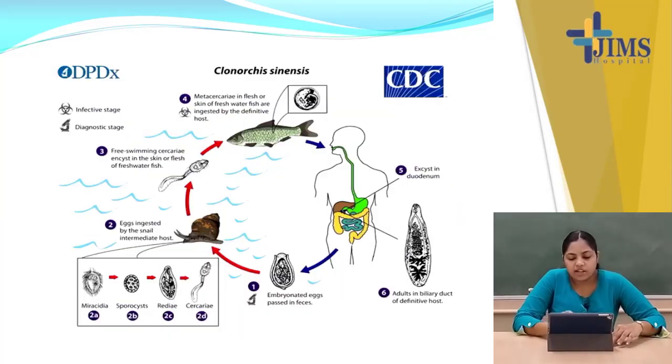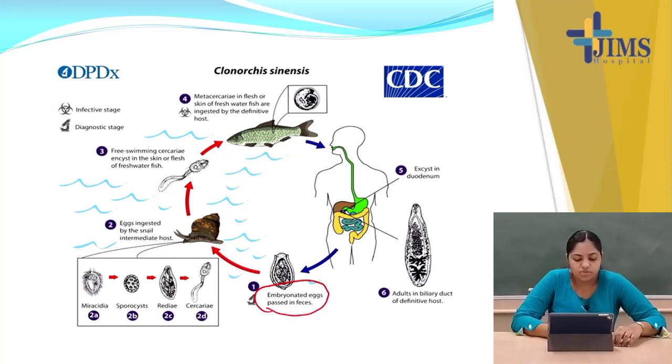So coming to the life cycle, you can see in the picture the embryonated egg first passes in the feces of the definite host. It can be either human beings, pigs, rats and so on. Now this egg enters into the freshwater lake, and inside this egg Miracidium is present.